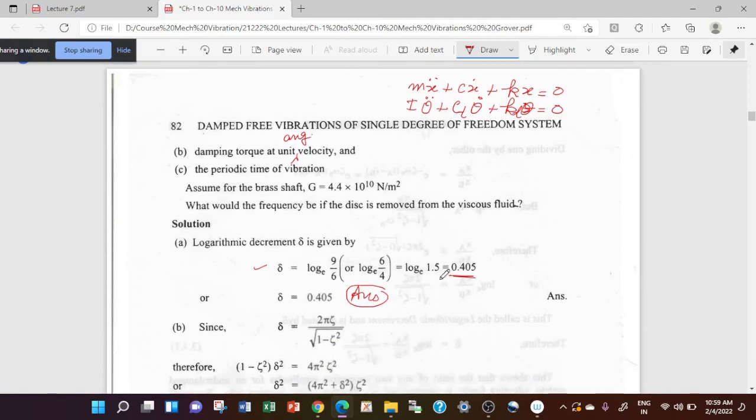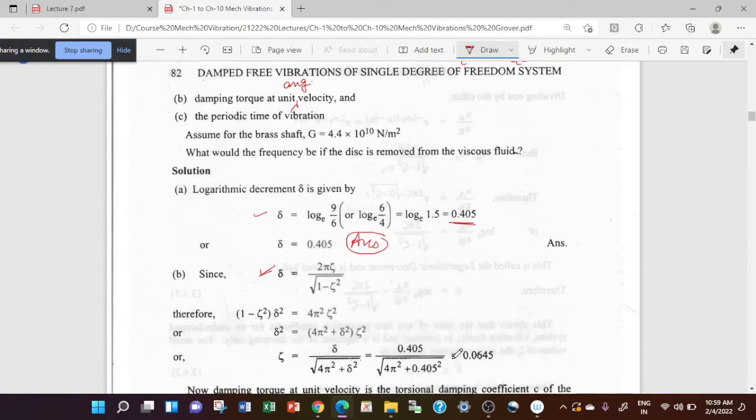So here you know that delta is equal to 2 pi zeta upon the square root of 1 minus zeta square. I already mentioned that if you know the delta, you can find the zeta, and it comes out to be exactly 0.065.